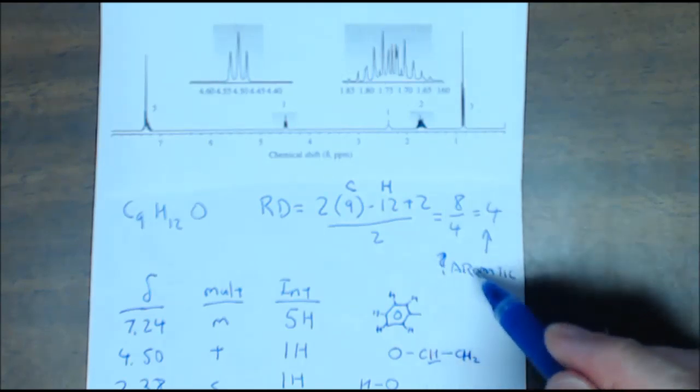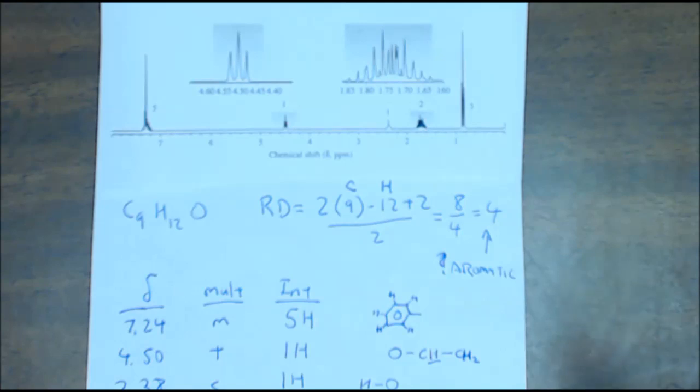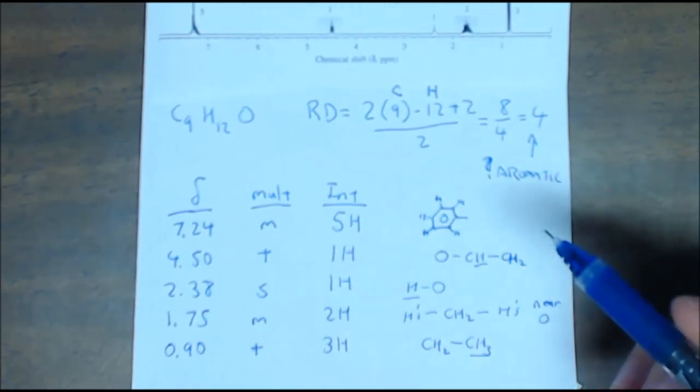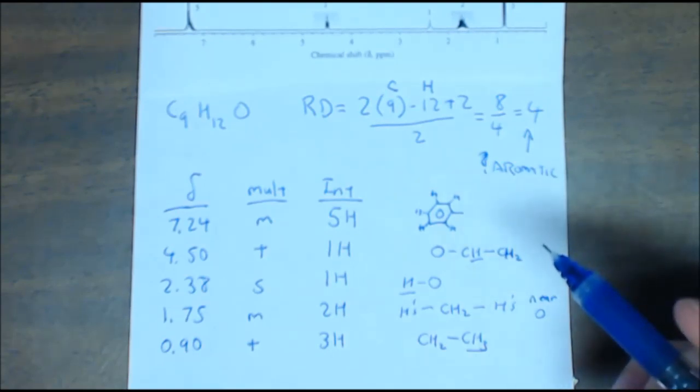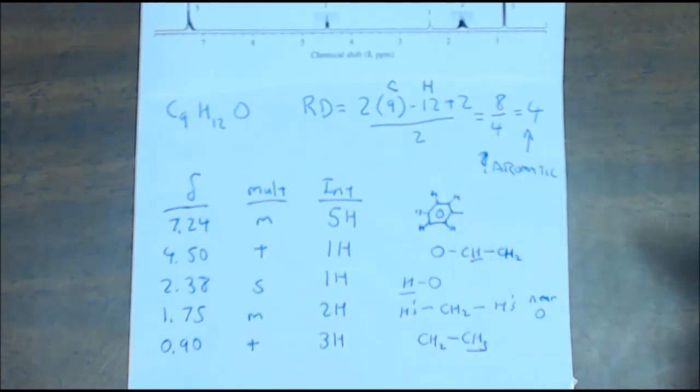And I put a question mark here next to aromatic. I don't know if this is aromatic, but there's a pretty good bet that if it's got a 4, you're going to have an aromatic ring. And there's something in the proton spectra which gives that away. So if I look over here at the proton spectrum, what I've done is I've constructed a table. And this is a great way to organize your data, and it helps organize your thinking.